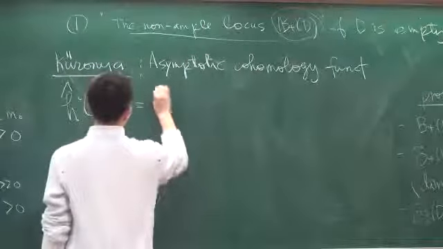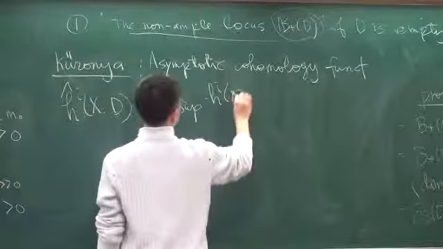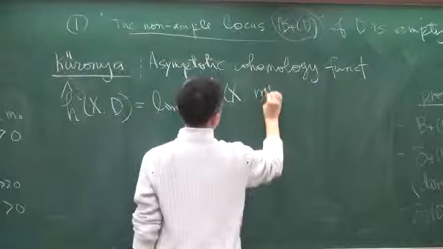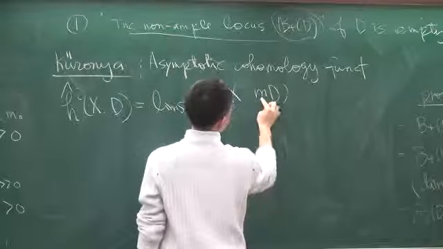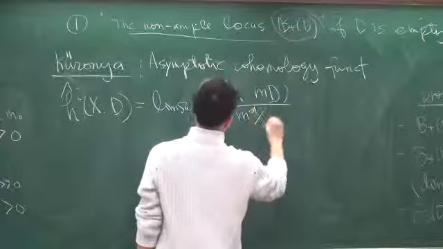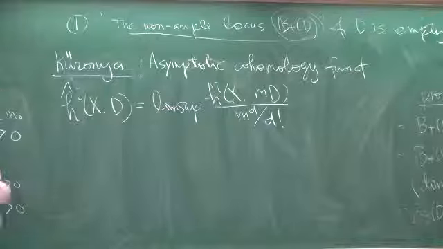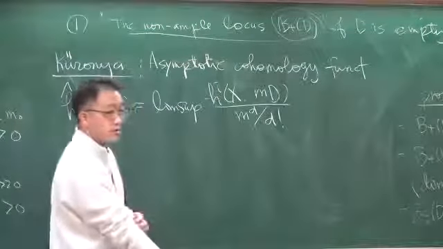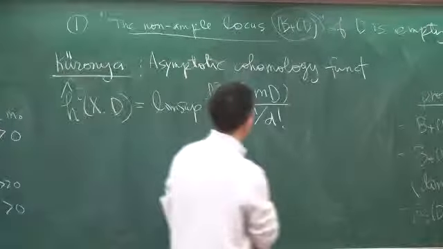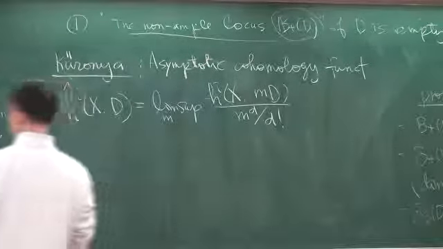This is defined as the lim sup of h^i(X, O_X(mD)) over m^d/d!. Here, if I write mD, it means O_X(mD). X is always smooth projective? Yes, for now, yes. So he defined such a function.